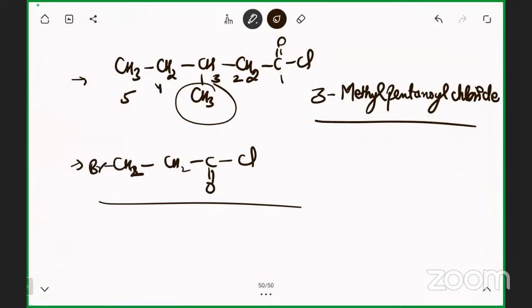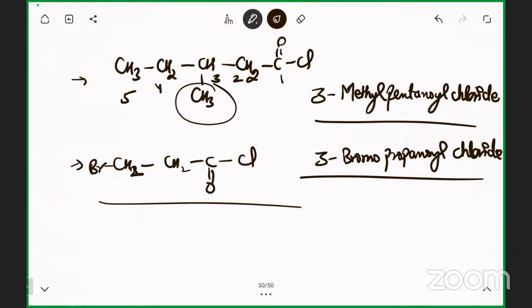Now tell me the name. 3-bromopropanoyl chloride, sir. Very good. 3-bromopropanoyl chloride. Very nice. So now you can feel like IUPAC is not that tough.